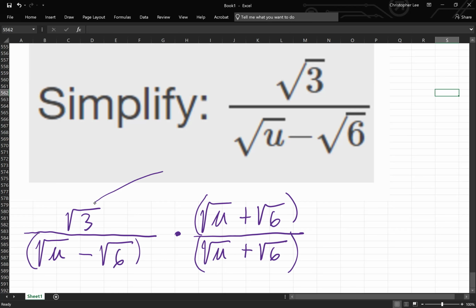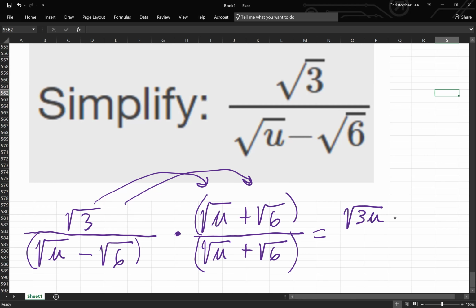You already know, I'm going to distribute. I'm going to do the same thing on the bottom. So square root 3 times square root u is, say it again? Not 3 square root u. Square root 3u. Just like that.